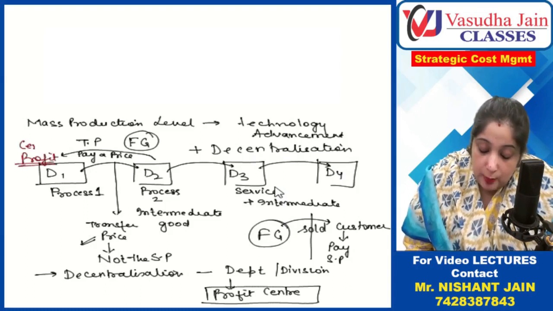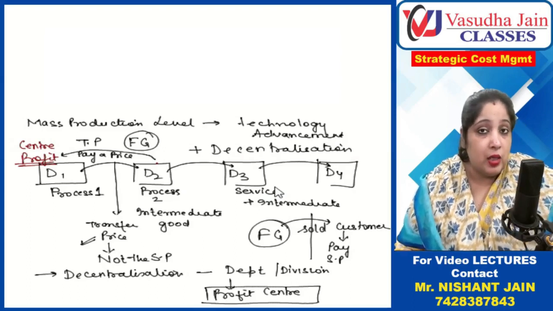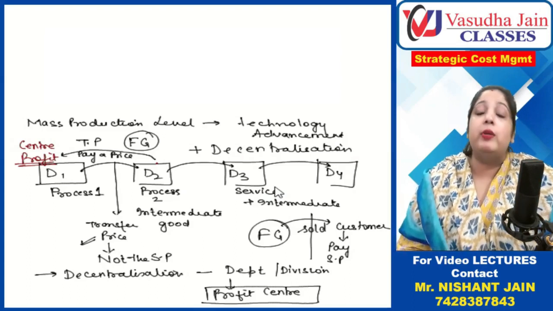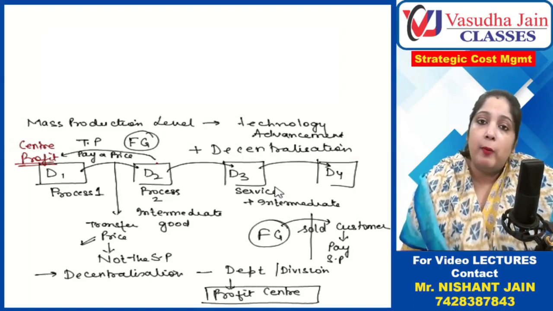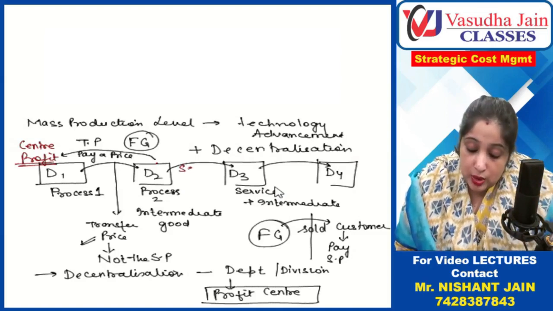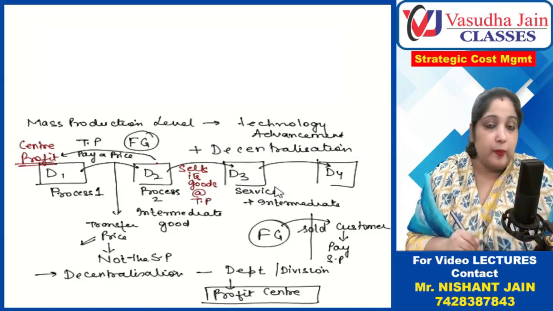That is why they are called profit centers. Similarly, when department 2 transfers its goods to department 3, department 2 has a responsibility to earn profit. Now, how will department 2 earn profit? When it sells its goods. So it is not wrong to say it sells its goods to department 3 at transfer price.